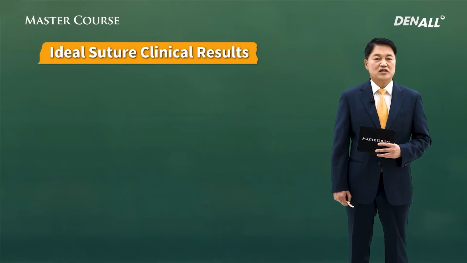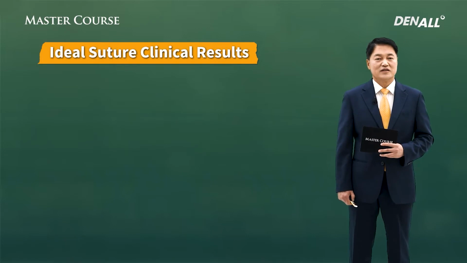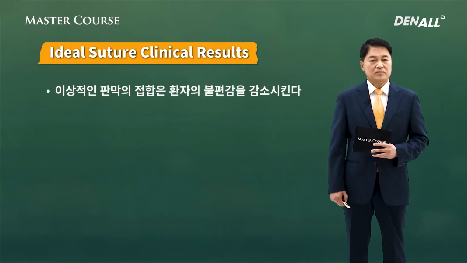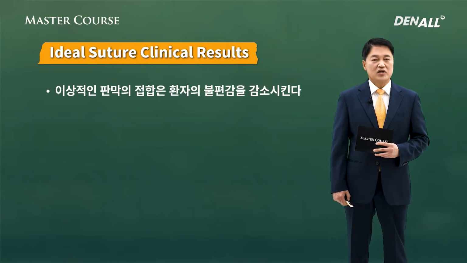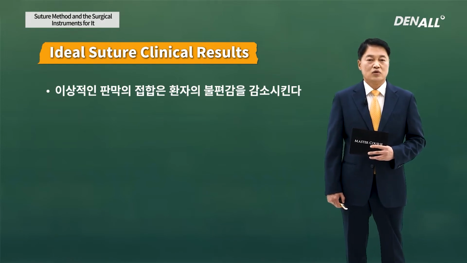Then, what are the clinical results if you do ideal suture? First, very ideal suturing would reduce the discomfort of patients. If you have good primary coverage and no wound dehiscence, comfort for the patient goes up because there will be less pain.